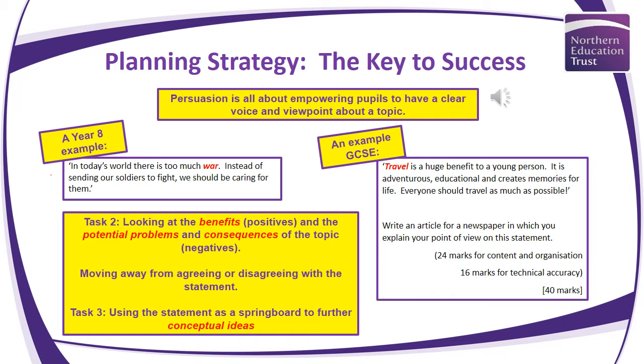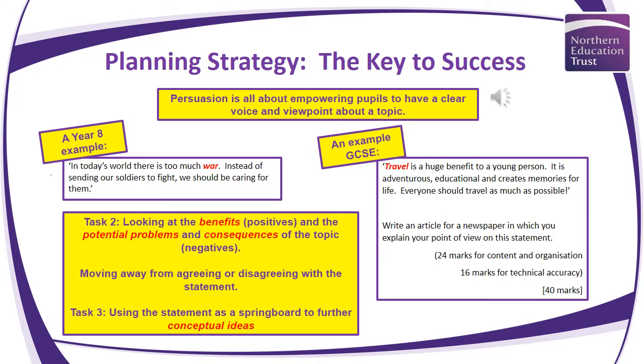So, a way that I would break it down for my pupils is, we'll stick with the travel example because I did on the previous slide. So the idea of travel. So what are the benefits of travel? Lower ability pupils might respond more to the phrase positives, but think about the benefits. The benefits to not only individuals, but the benefits to society.